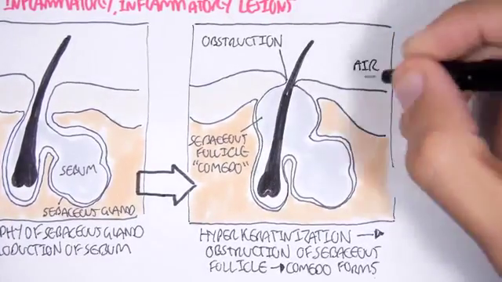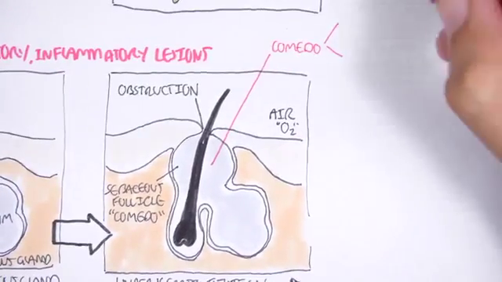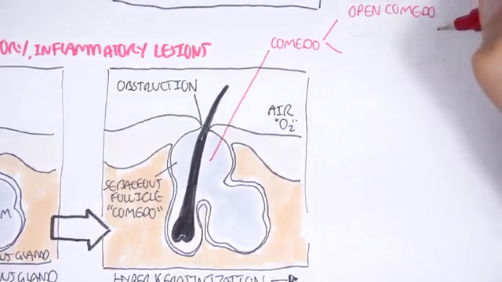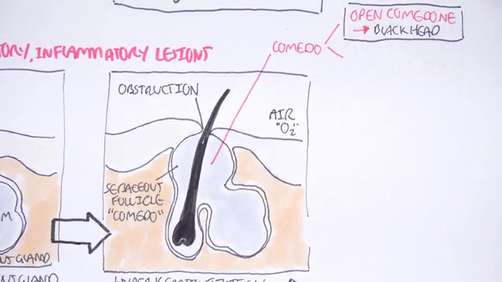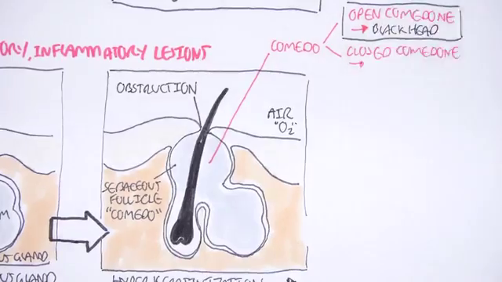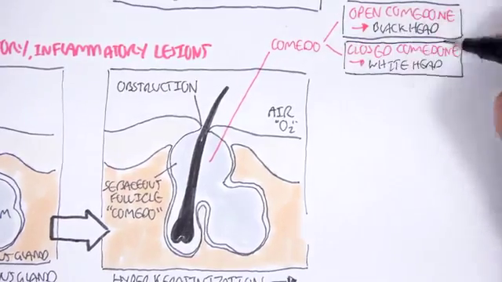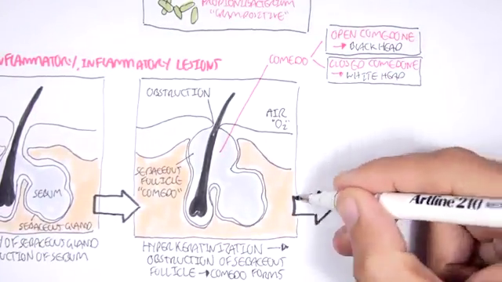When the komedo is open, meaning some oxygen can come in, so it's not fully obstructed, the open komedo will form into a blackhead because the oxygen can react with a substance within the sebum or within this area, the melanin, causing the blackening of the komedo. But if the komedo is closed, this will form a whitehead because there's no oxygen that can react. And the oily fatty komedo is usually pale in color.